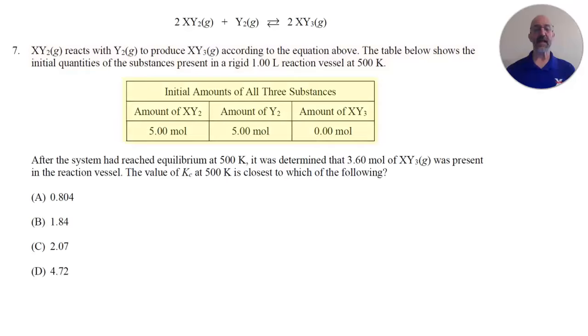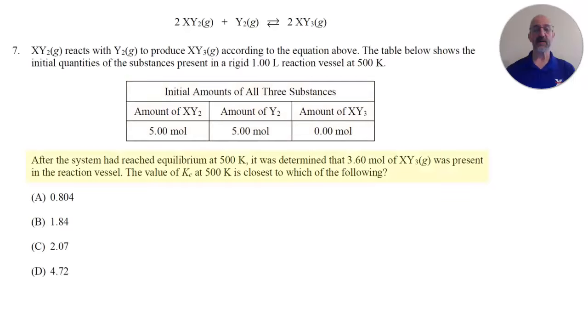So we can see a table in which the initial amounts of all 3 substances are 5 moles of the substance XY2, which is one of the reactants, 5 moles of substance Y2, which is another one of the reactants, and then at the beginning of this experiment, before the reaction occurs, there is 0 moles of substance XY3, which is the product of this reaction.